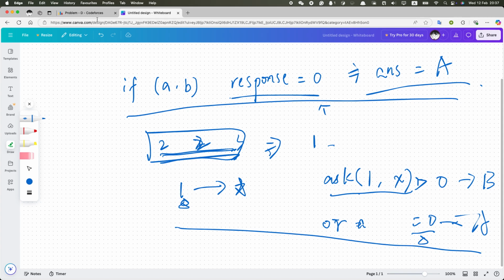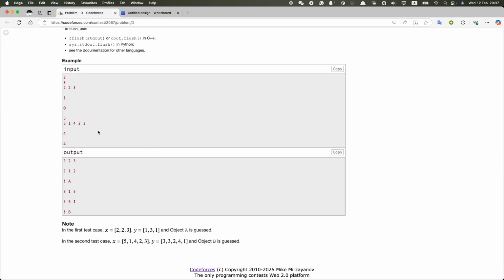However, if we miss this case, where every number occurs once, we need to find another strategy to get the answer. In the beginning, I think maybe we need to ask the response between the maximum number and the minimum number.